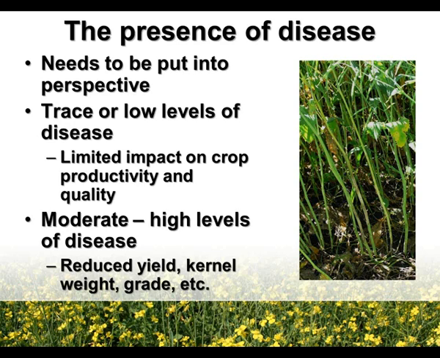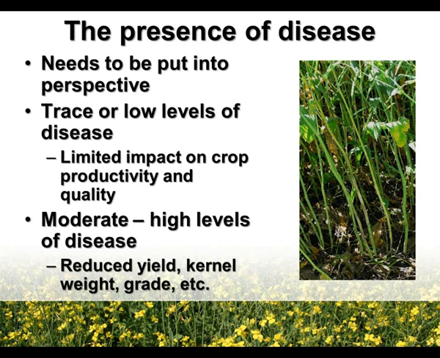You get out to the field and you have a look at it and you say, yeah, you can find some Sclerotinia here or maybe a bit of blackleg, but really the level that you have there is not causing a significant yield loss. So you really need to put it in perspective. Is it a significant amount? If it's trace or low levels of disease, so if it's less than about 10% infected plants with Sclerotinia, you're probably going to have a limited impact on crop productivity and quality.